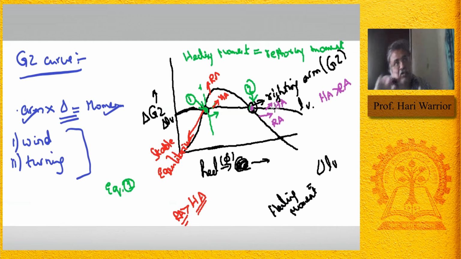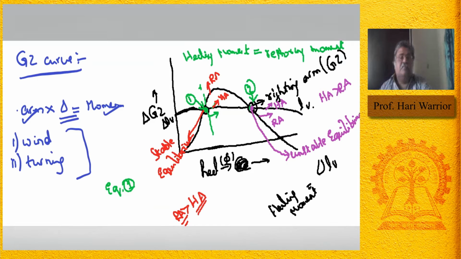What it means is the heeling arm is more, so it will keep on heeling and it will go and overturn completely. This position is known as a position of unstable equilibrium.